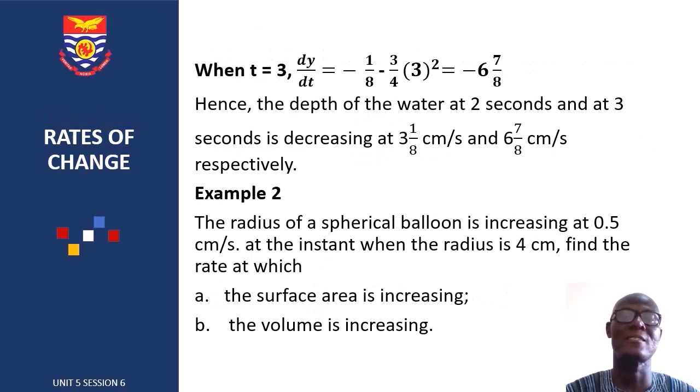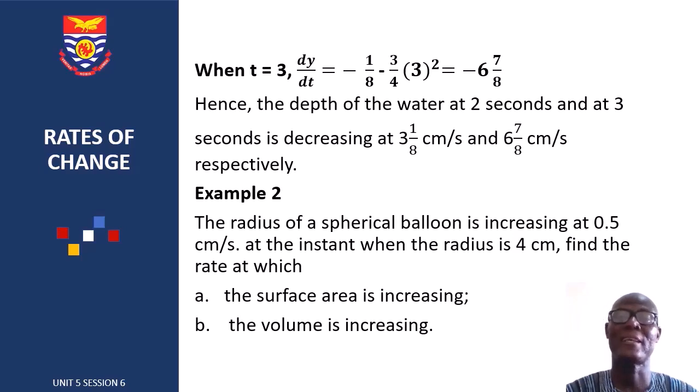At the instant when t is equal to 3, our rate of change dy over dt is equal to negative 1 over 8 minus 3 over 4 into braces 3 exponent 2, which is equal to negative 6 7 over 8.